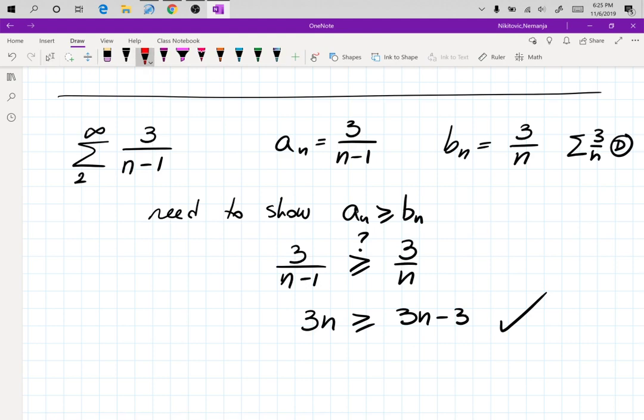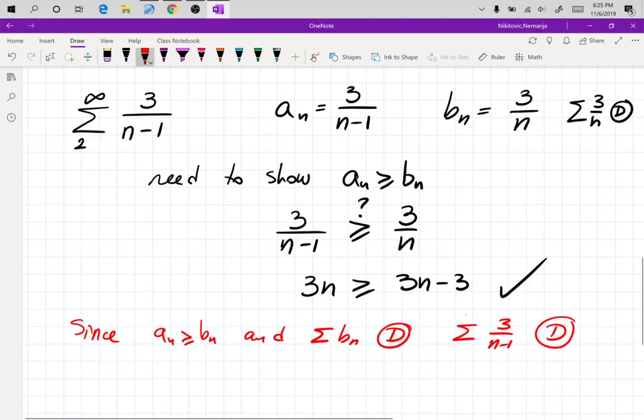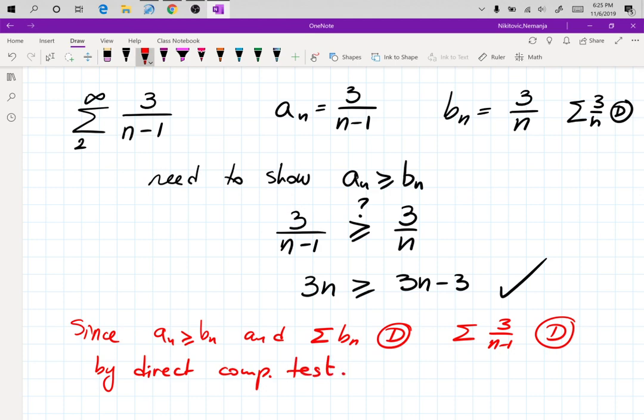So we can write, since an is bigger than bn and summation of bn diverges, summation of 3 over n minus 1 diverges by the direct comparison test.